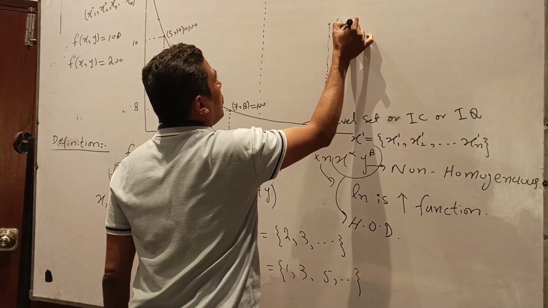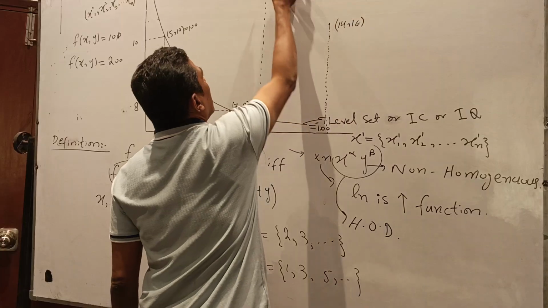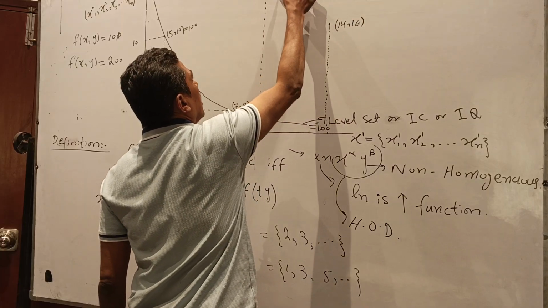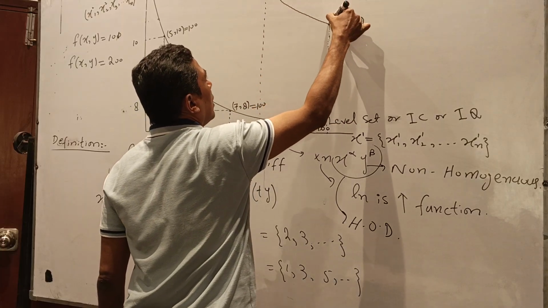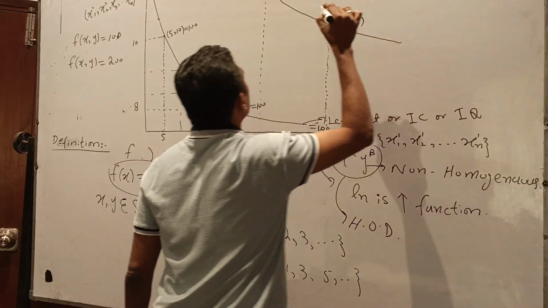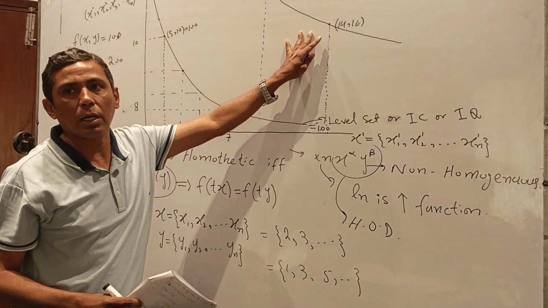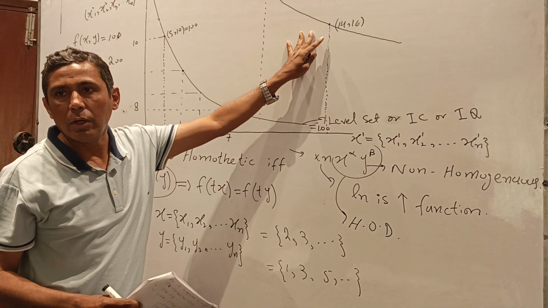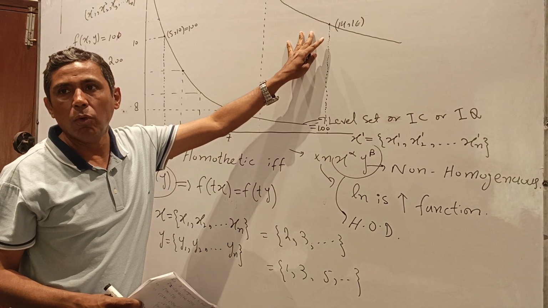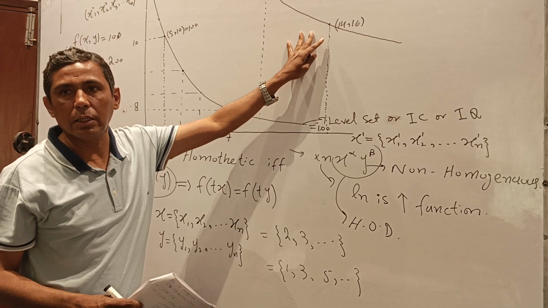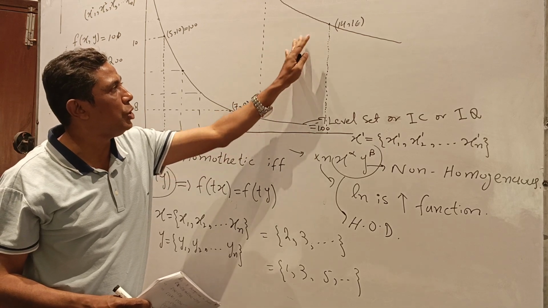Again this is 14 and 16. So both lie on the other IC curve. Clear? Both lie on the other IC curve, and there is no change.